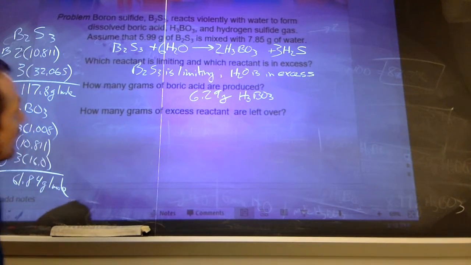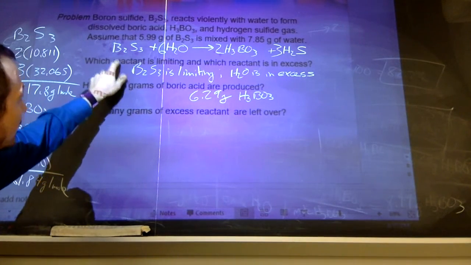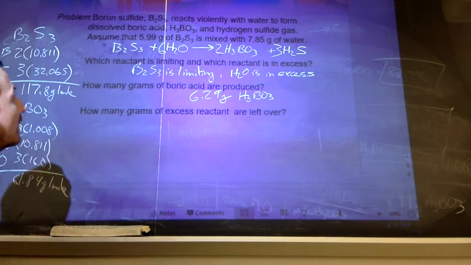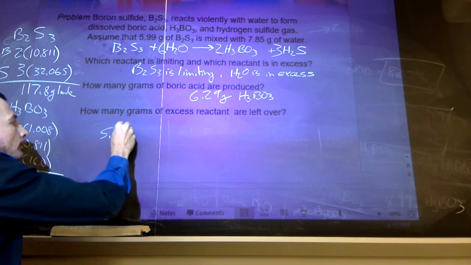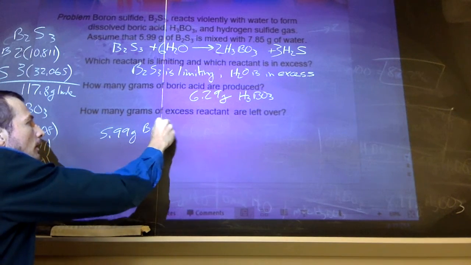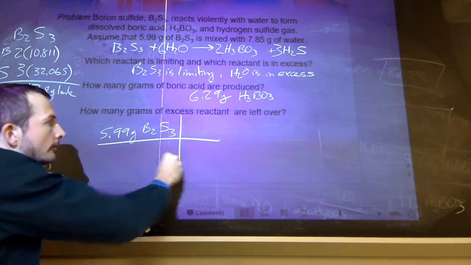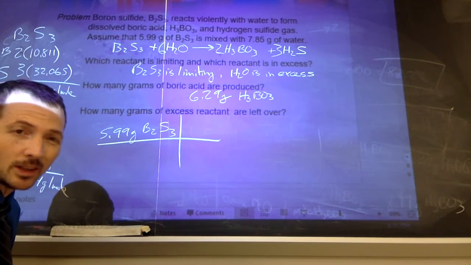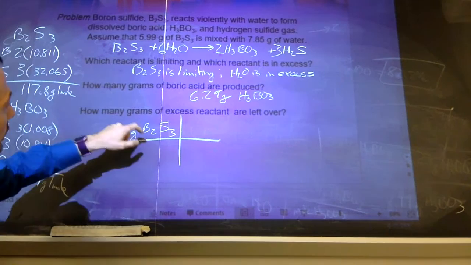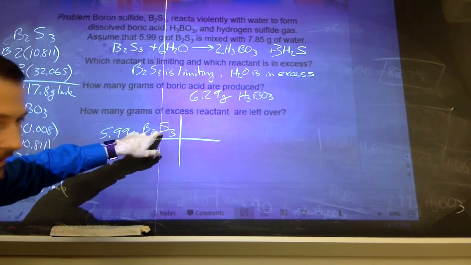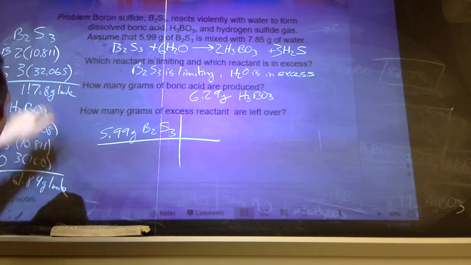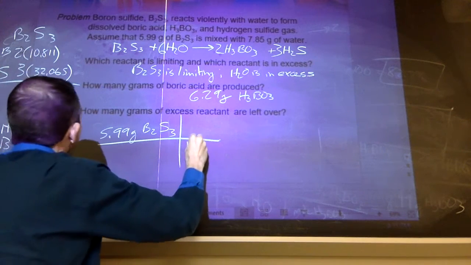And so, again, I'm going to take my limiting reactant, my B2S3, so 5.99 grams. Again, I need to go to my balanced equation to go from one to the other. So to do that, I need this in moles. So use this molar mass again.